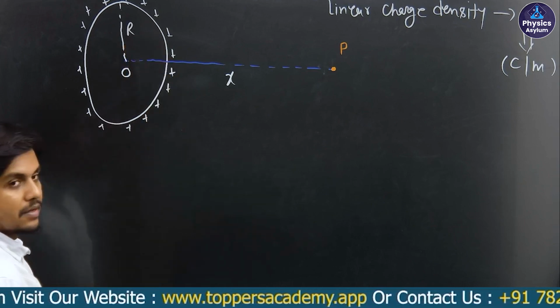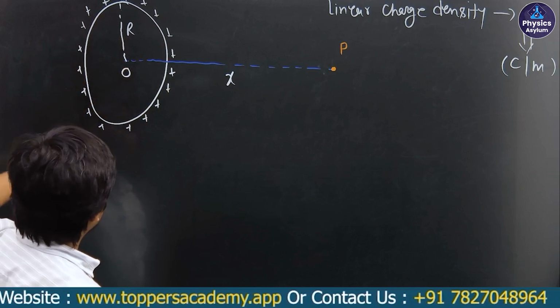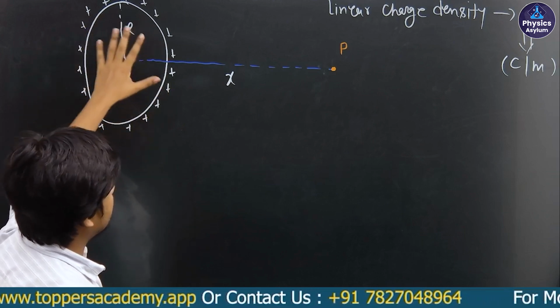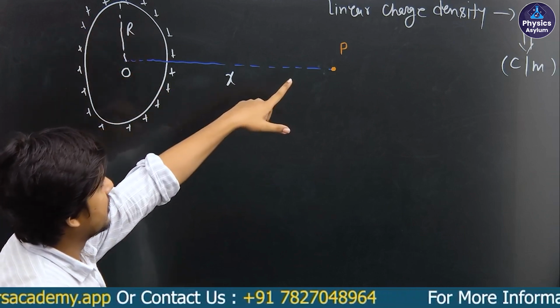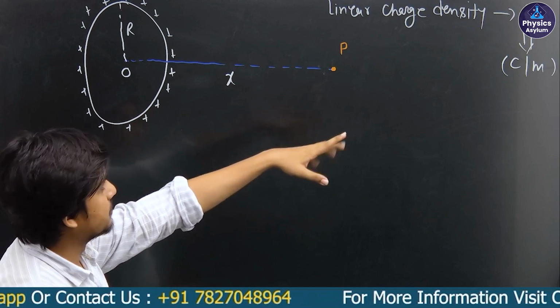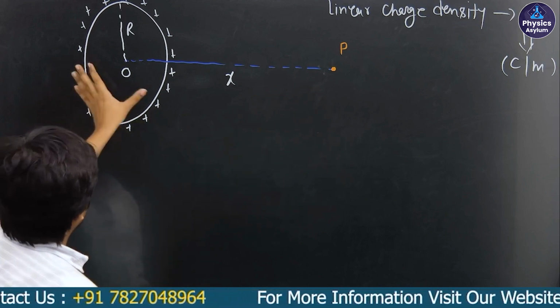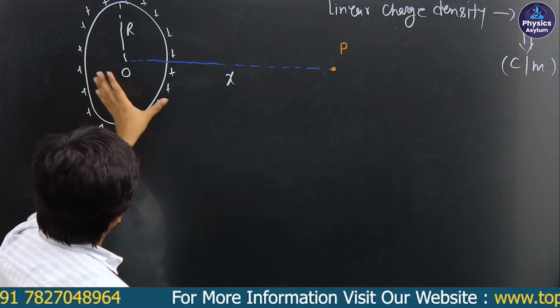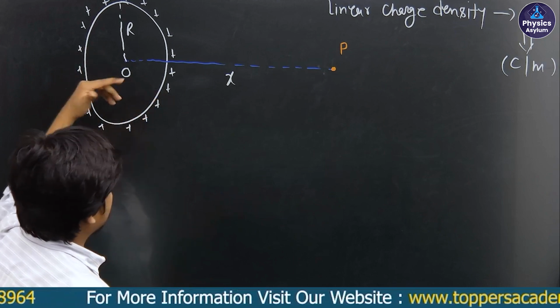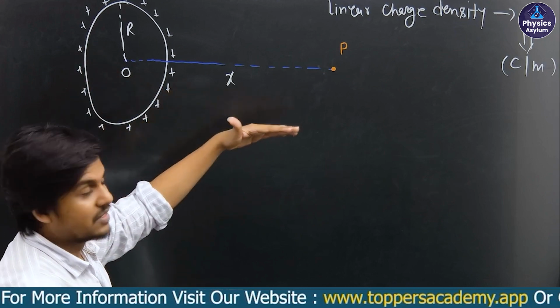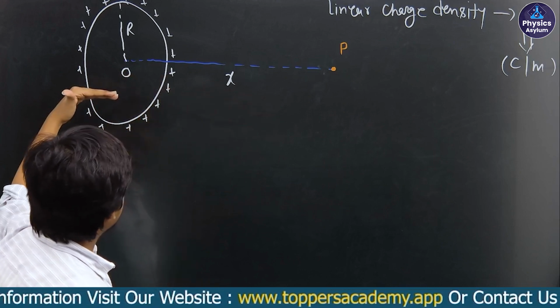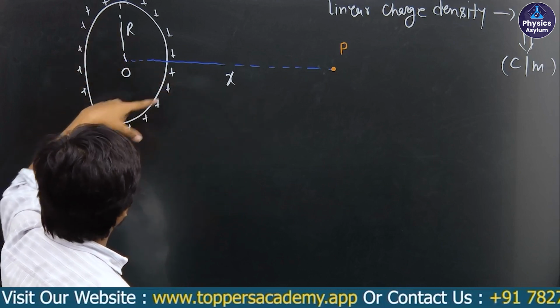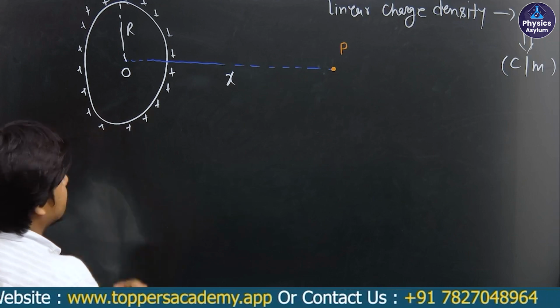So this is our system. On this ring, a charge is uniformly distributed with linear charge density lambda Coulomb per meter, and our task is to determine the electric field at a point P which is lying on its axis, that is, a line which is perpendicular to its plane and passing through the center of it.